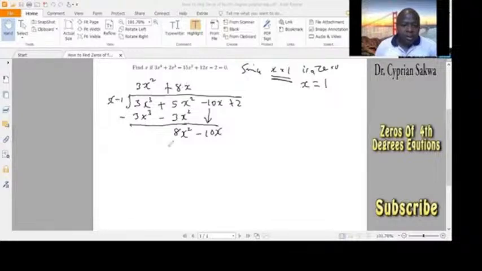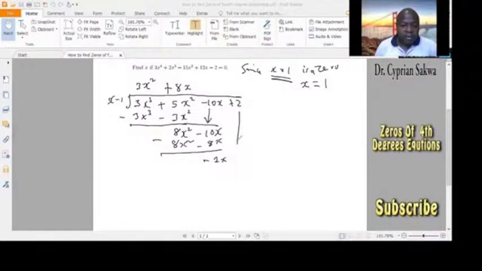So 8x times that, you have 8x squared and minus 8x. Subtract. This will give you 0, and this will give you minus 2x. Bring this one down.